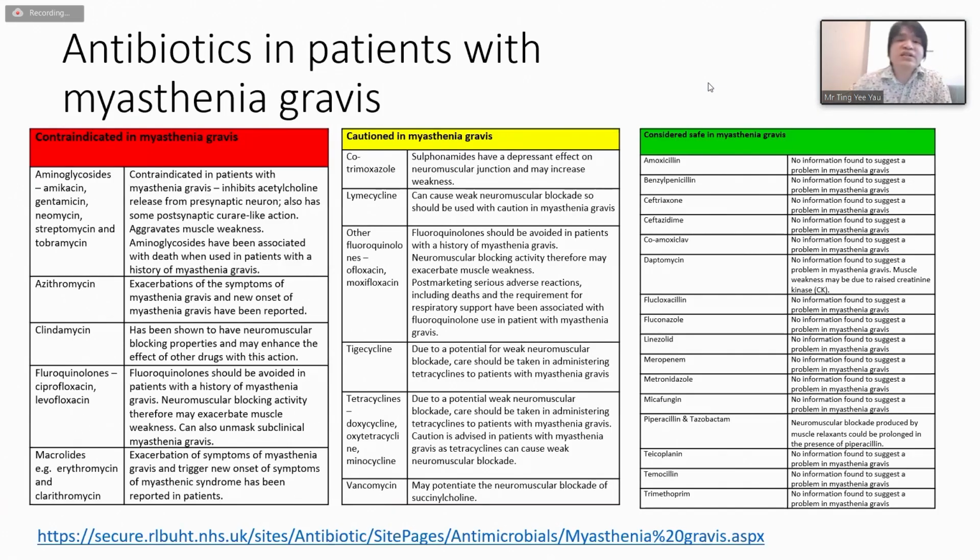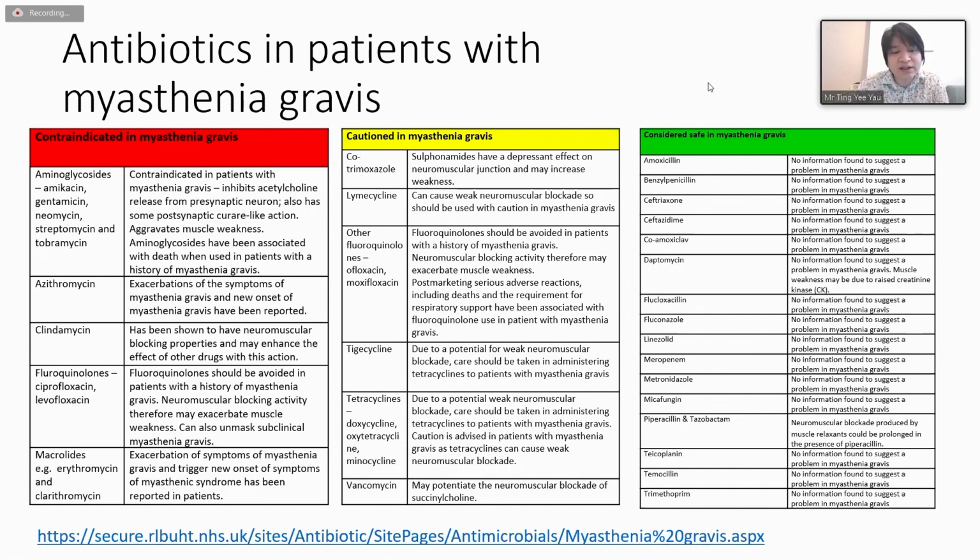In the next slides, I'm going to go through some of the antibiotics that could exacerbate myasthenia gravis. As I mentioned earlier, quite a lot of antibiotics can act on the nervous system. Quite a few antibiotics here can affect neurotransmission, like the aminoglycosides, the fluoroquinolones and macrolides.